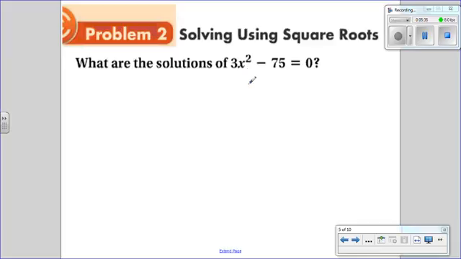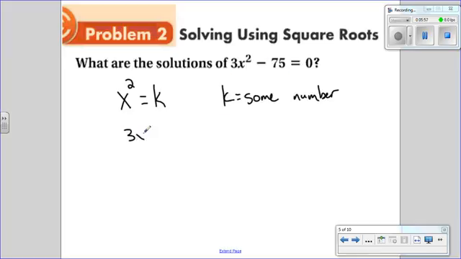Now, really the only way that we can do that is when it's in the form, and get this in your notes, x squared equals some number k, where k is some number. Now, this one isn't in that form yet, but we can get it there.